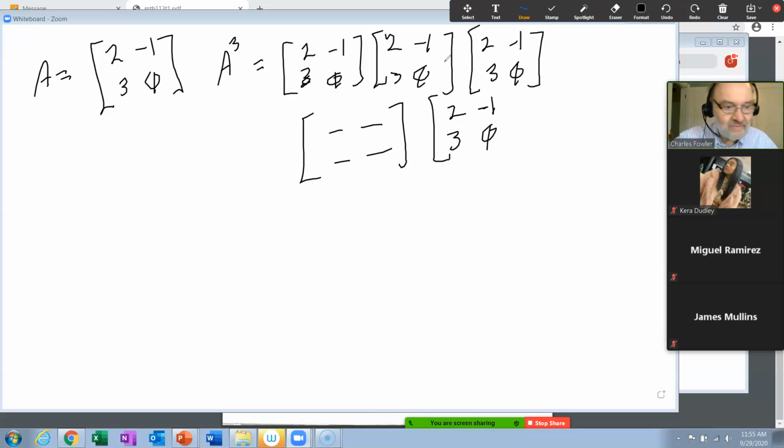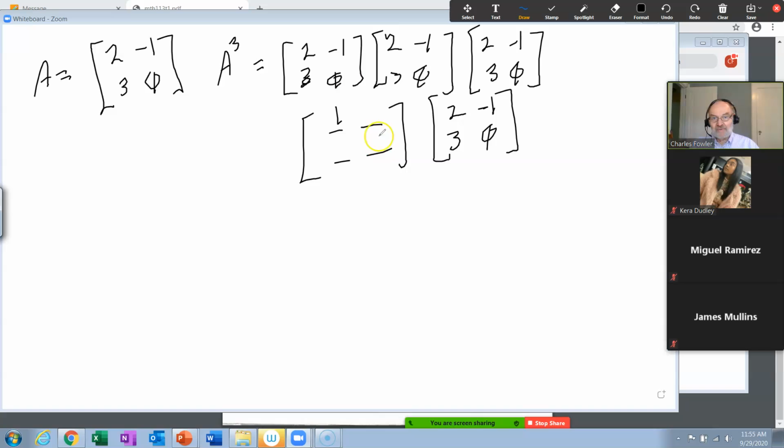Okay. So let me get my pad back and close out that. Okay. So let's do the 1,1 entry here. That'd be the first row here by the first column here. 2 times 2 is 4. Minus 3 would be 1.